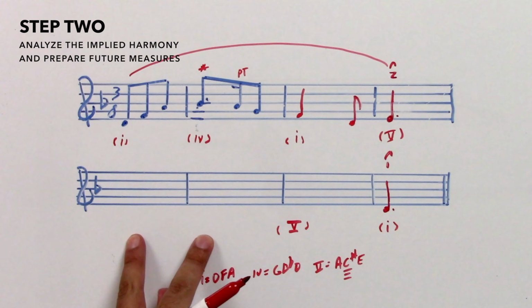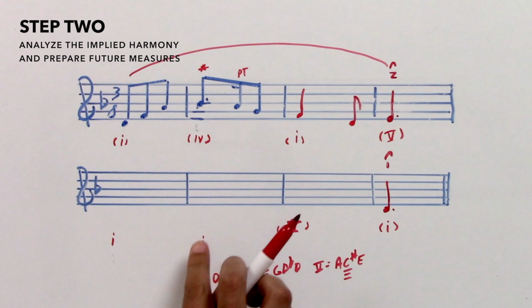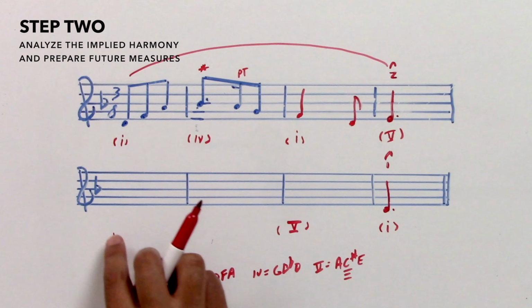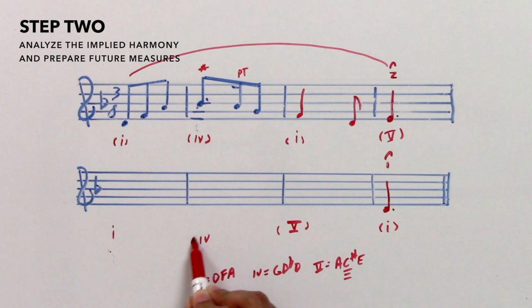And now I get a choice of what to do over here. I have many options. I could do 1 and 1, that would be okay. I could do 1 and 4 as the implied harmony. And that's actually pretty much all that's reasonable. 1 and 1 or 1 and 4 in this case. I'm going to go with 1 and 4 for variety's sake.